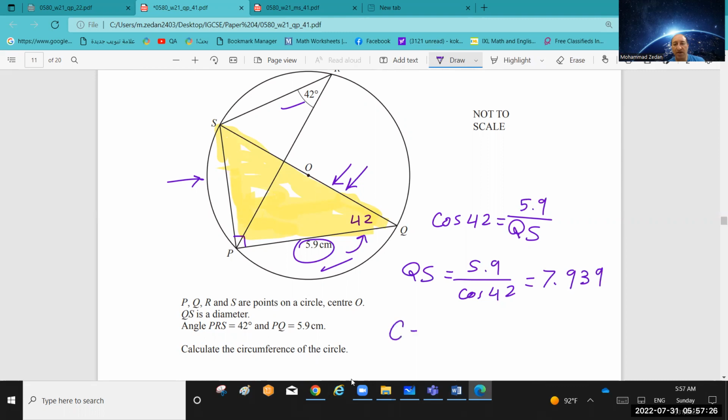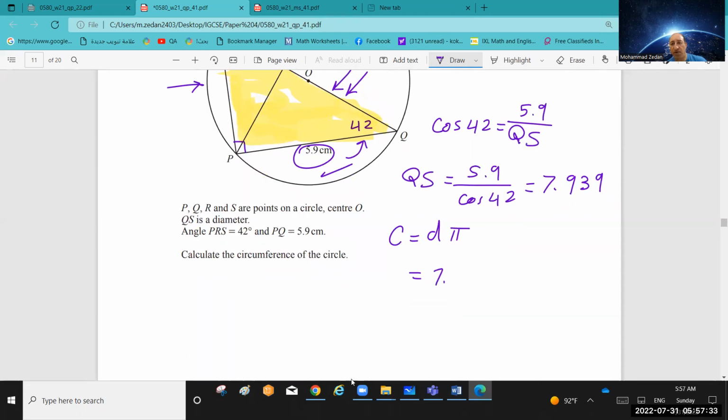So the circumference is simply the diameter times pi. 7.939 times pi. This is the circumference of the circle. If you multiply this amount, the answer is 24.94, something like that, or 24.9.